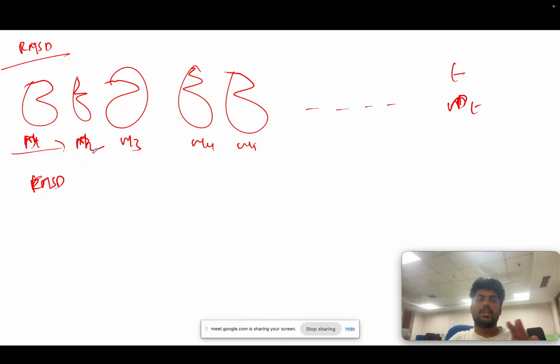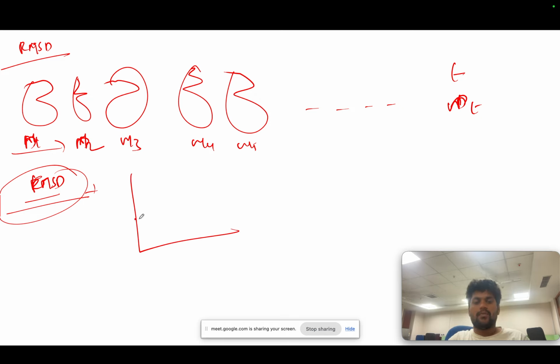RMSD is nothing but the deviation of the backbone atoms. You will take all these atoms and note down the RMSD differences, and then see whether the system, without any drug, goes like this, and with the drug goes like this. It means initially the system has undergone some configuration changes.